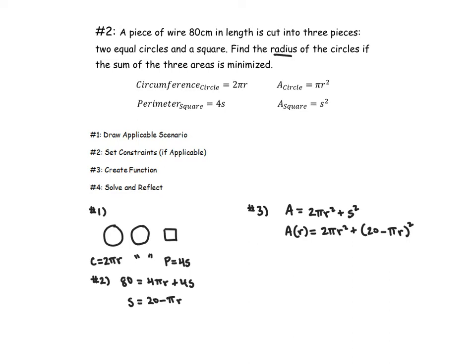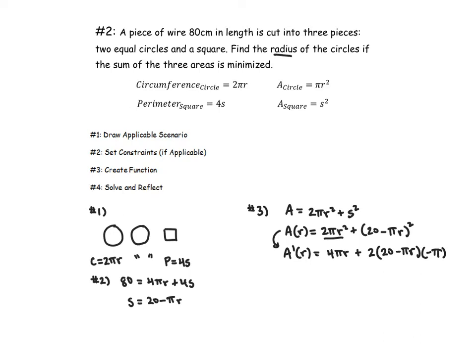Since we want to optimize area, I'm going to take the derivative. Instead of expanding, don't do that. Just use the chain rule. So the derivative of the first term will be 4 pi r. The derivative of the second term will be 2 times the quantity 20 minus pi r to the first times a negative pi.